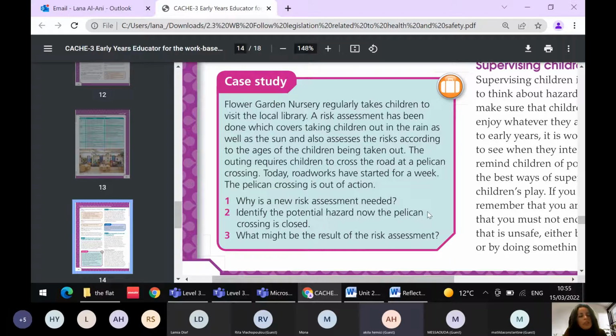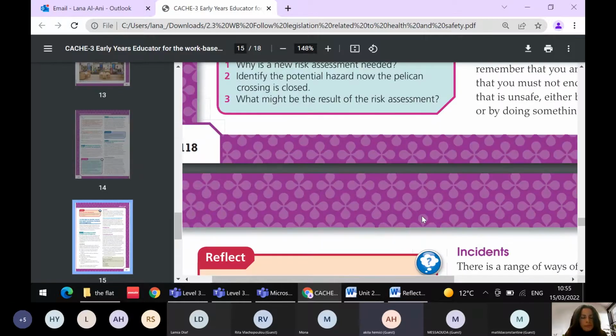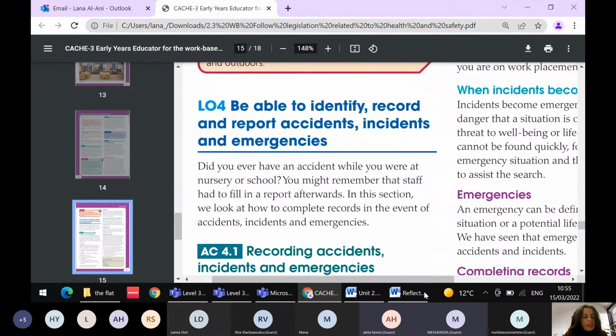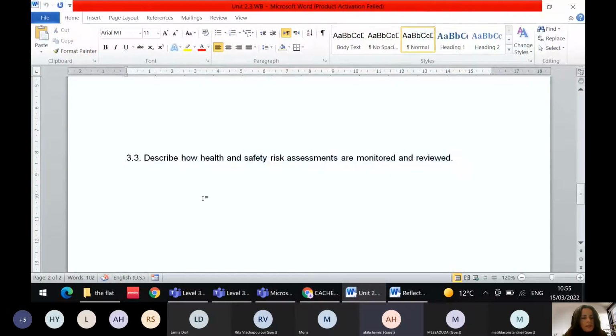Okay, and we need to check which of these accidents has happened more often. For example, the kids are always falling when they go to the garden. So here we need to put extra steps to make sure this doesn't happen again. Okay? So this is how you monitor and review the risk assessment.